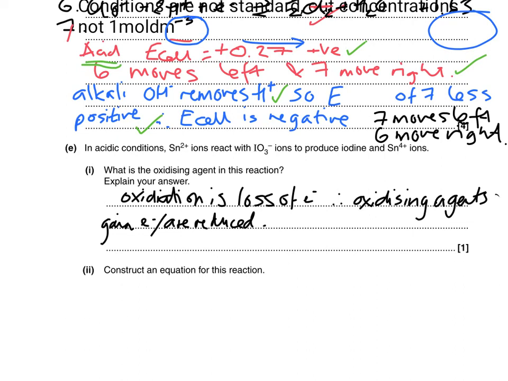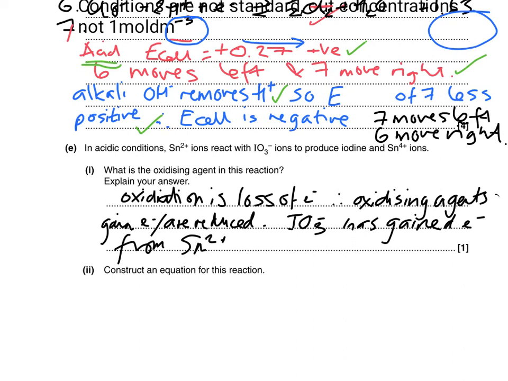Okay, so the IO3 minus has gained electrons from Sn2 plus.